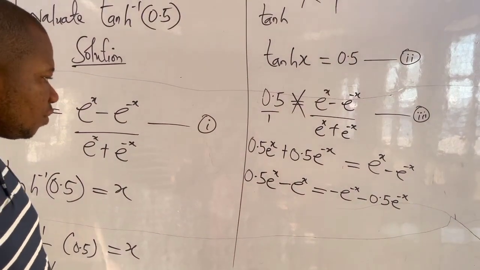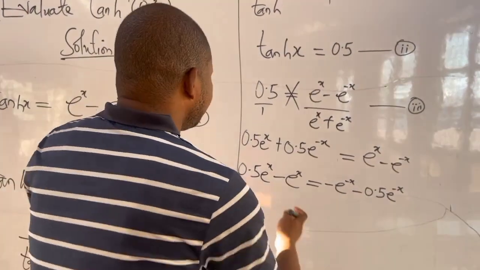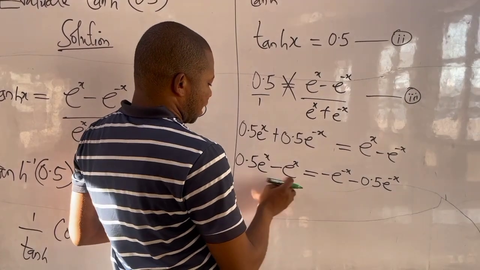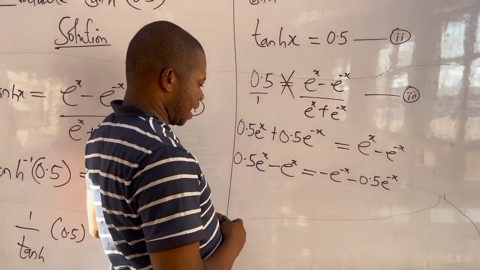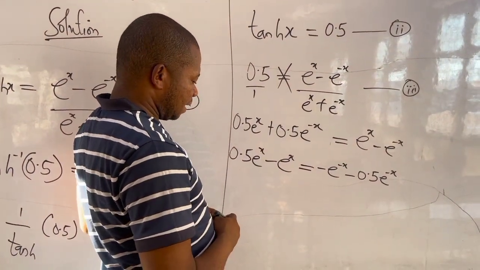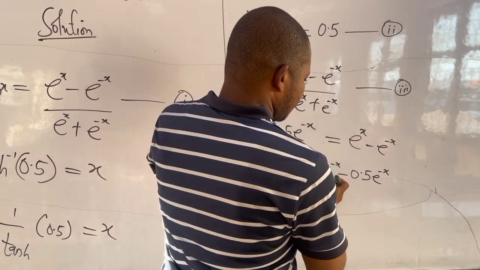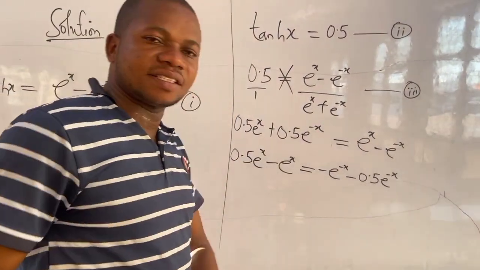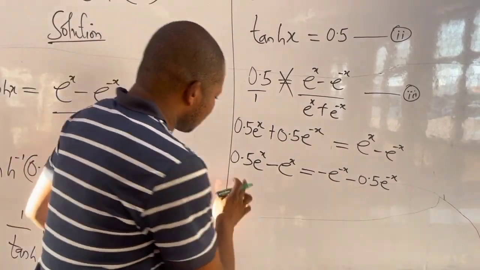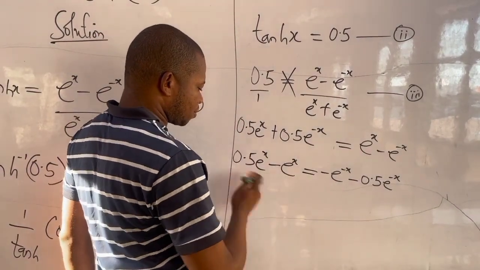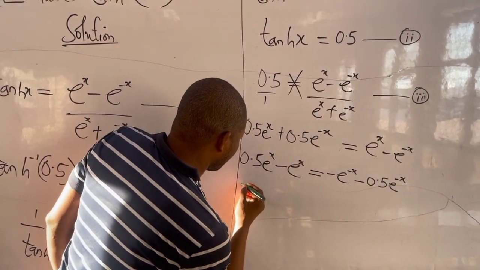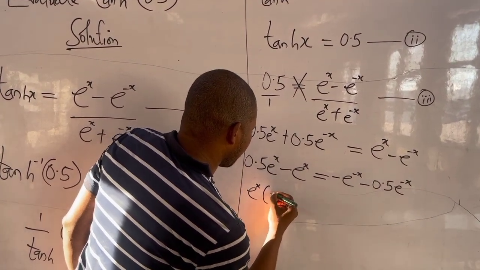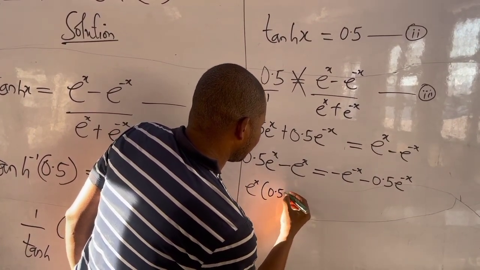Now, looking at this, we find that what is common to this and this is e^x. Then what is common to this and this is equally e^(-x). So by virtue of this, I'll factorize by bringing out what is common there, which is e^x into bracket 0.5 minus.